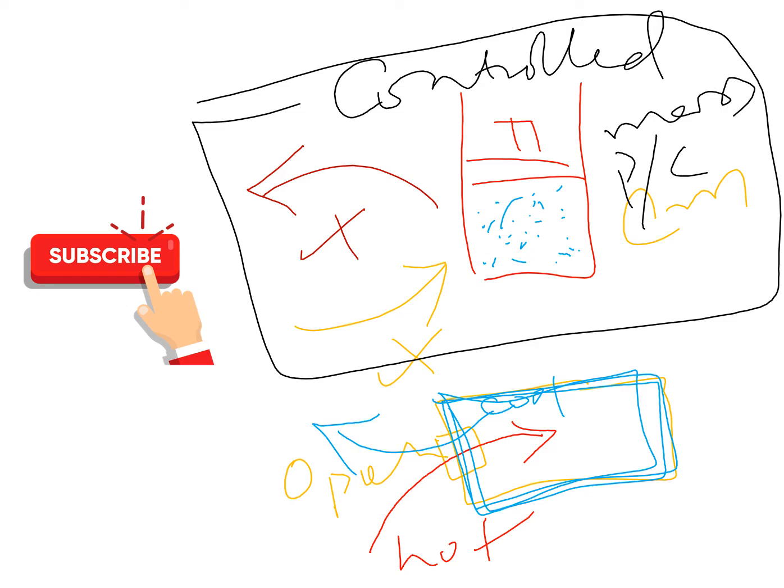Now if we open the windows for 10 seconds, yes, the hot air will be coming in and making the room environment relatively hotter. But what if we open the windows for a complete minute, 60 seconds? Then obviously the room will get much hotter as compared to the 10-second case.